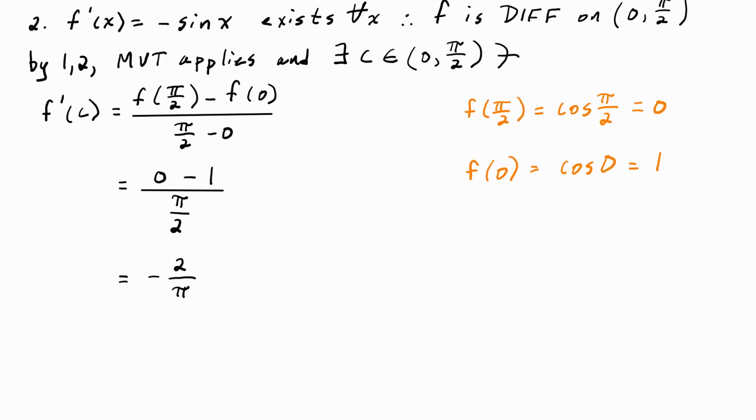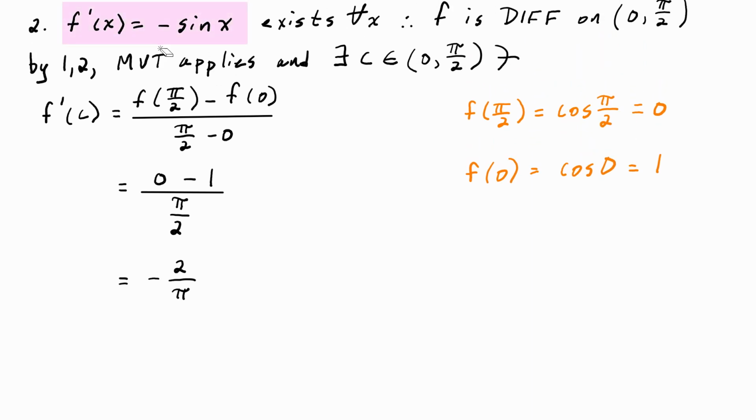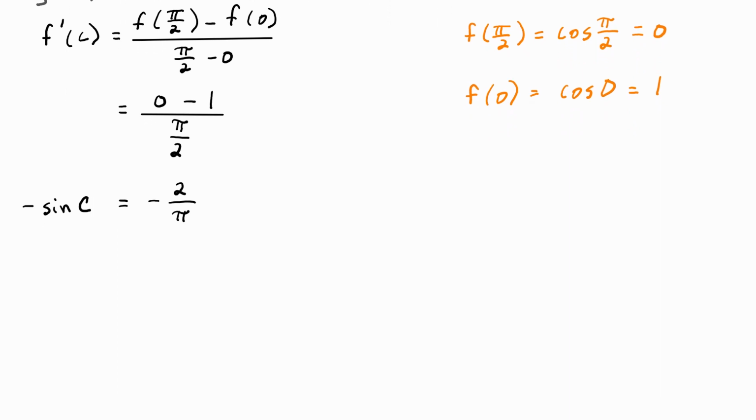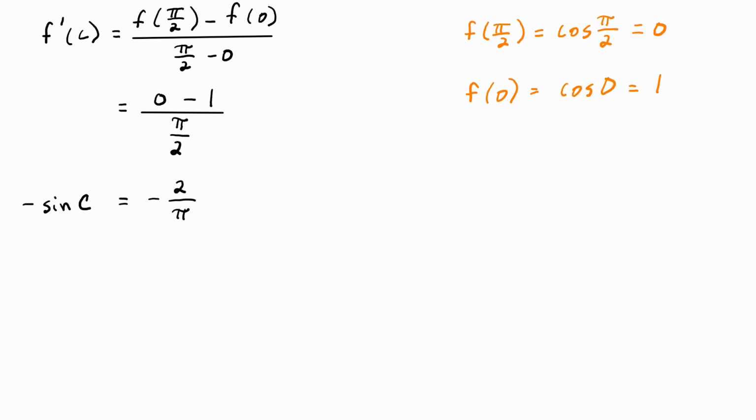Now remember, f prime of x is equal to negative sine x. So then that means that f prime of c is just negative sine of c. And we need to solve this equation. So multiplying both sides by negative 1, we have sine of c is equal to 2 over pi.